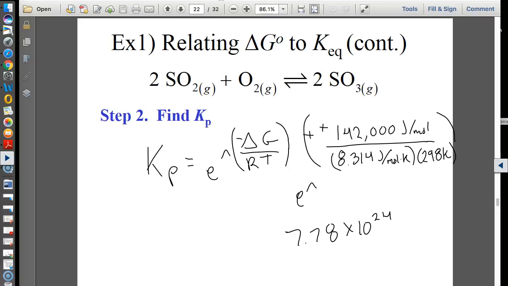Close up the parentheses. Now hit enter. You should have 5.73 times 10 to the first, or basically 57. Now hit second and your natural log button, which will give you the E to the. Then hit second and get your answer going. Do not close the parentheses, because it wouldn't matter if you did anyway. You're going to get 7.78 times 10 to the 24.